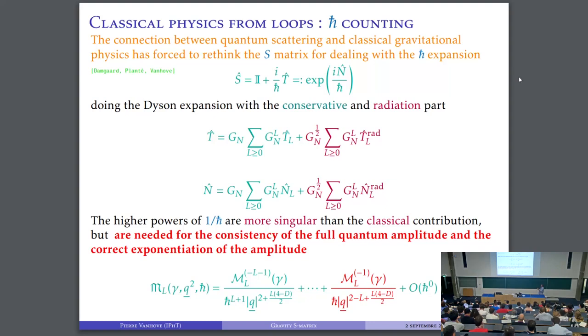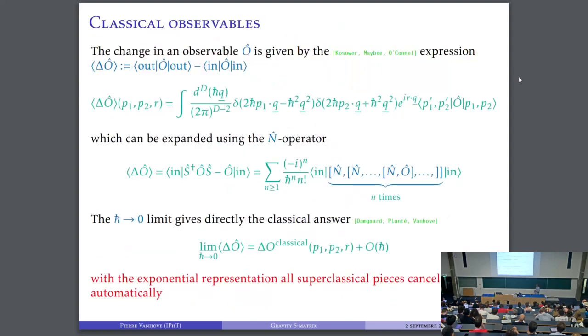This is the piece that allows you to emit gravitons on the external legs, that are radiation. Then the presence of these is exactly what you need to re-exponentiate your S matrix element and keep, in the exponential, just the piece that you call the classical piece. So the exponentiation, which is kind of eikonalization, but eikonalization in a very smart way, tells you that you need this bizarre-looking limit at any loop order.